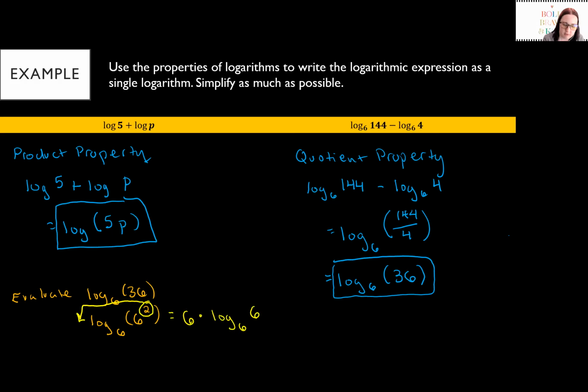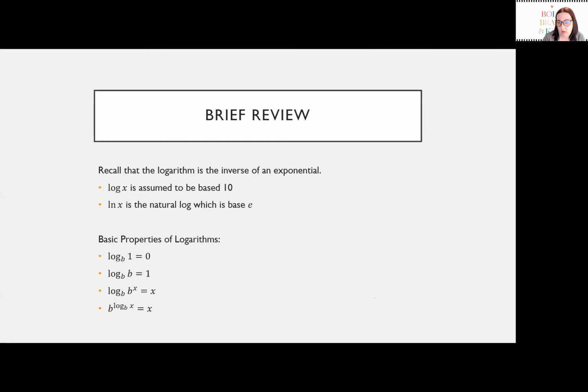And so, whoops, not 6, 2 times log base 6 of 6. And we could have used multiple properties here. So we could have actually used this property right here because we were in this form, but I wanted to demonstrate using the power property.